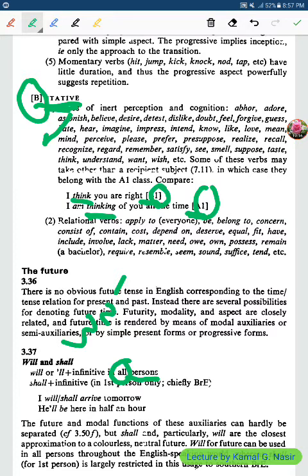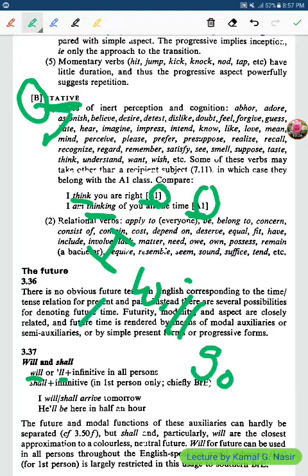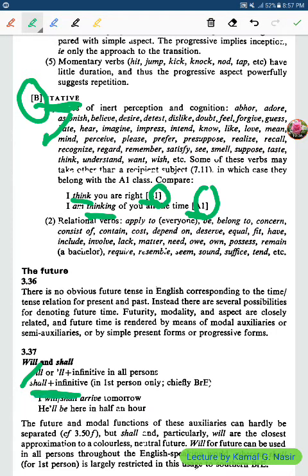So in all three persons we use will and shall. Will is abbreviated into 'll: I will go, and I'll go. Or shall plus infinitive. Will comes with all persons. Shall comes with first person only, chiefly in British English.